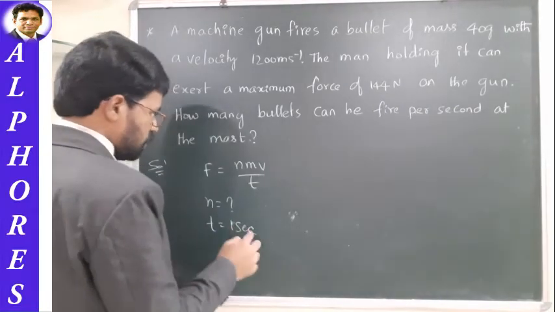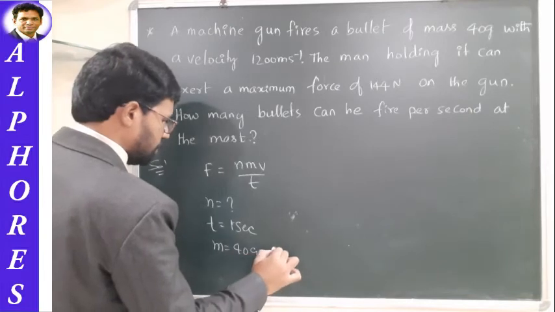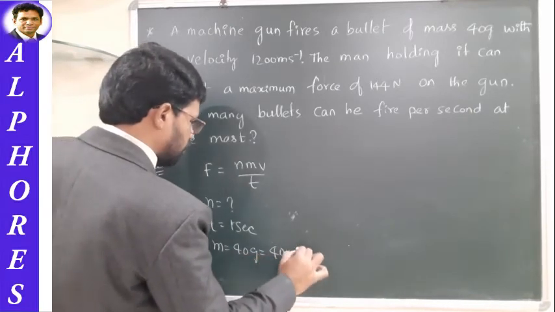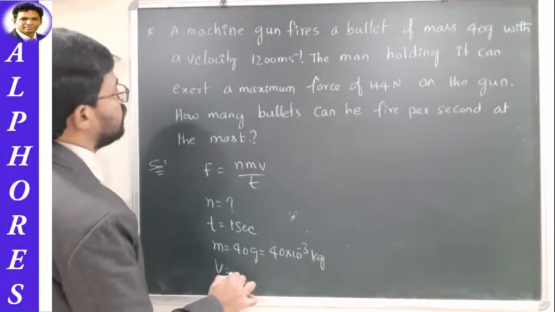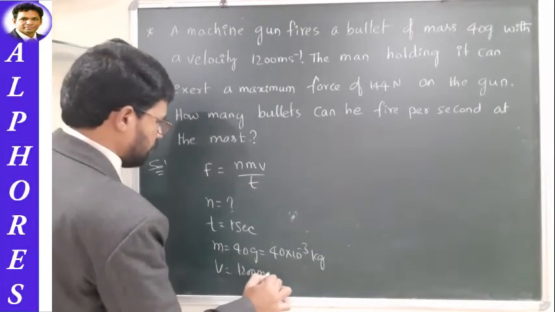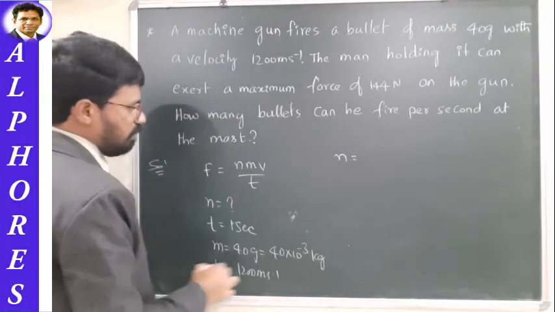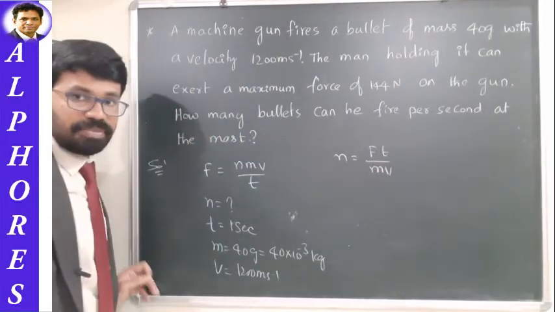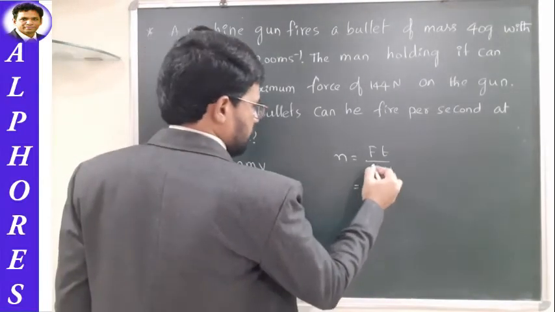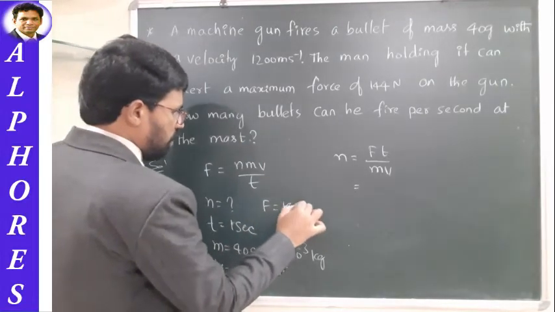So time is 1 second, mass is given as 40 grams, or this can be written as 40 into 10 power minus 3 kg, and velocity is given as 1200 meters per second. So let us find n. From this equation, n can be written as Ft by mv. F is how much? Maximum he can exert a force equal to 144 newtons.